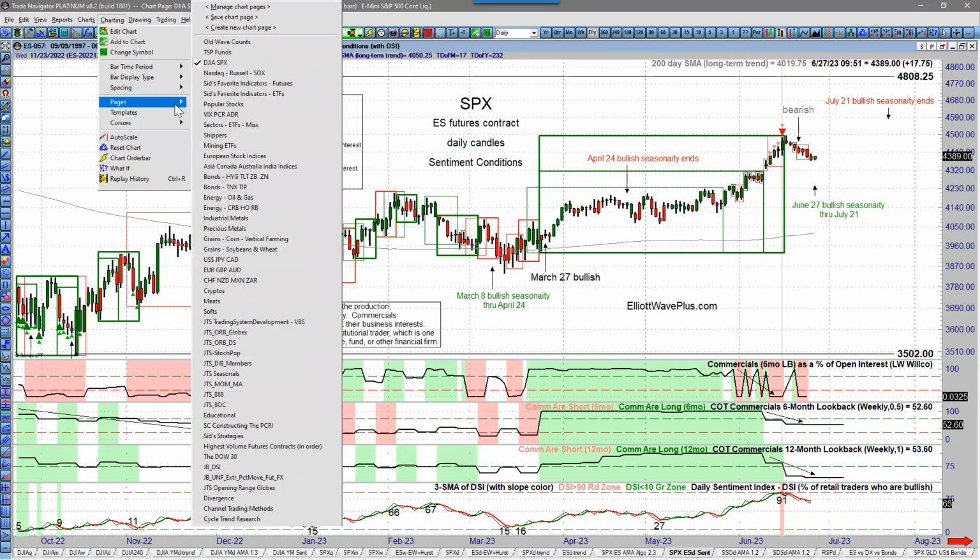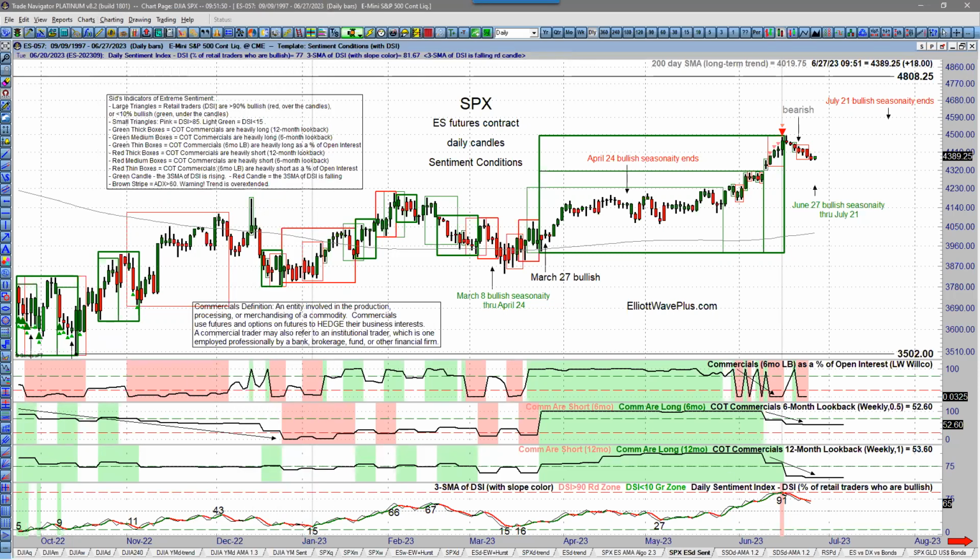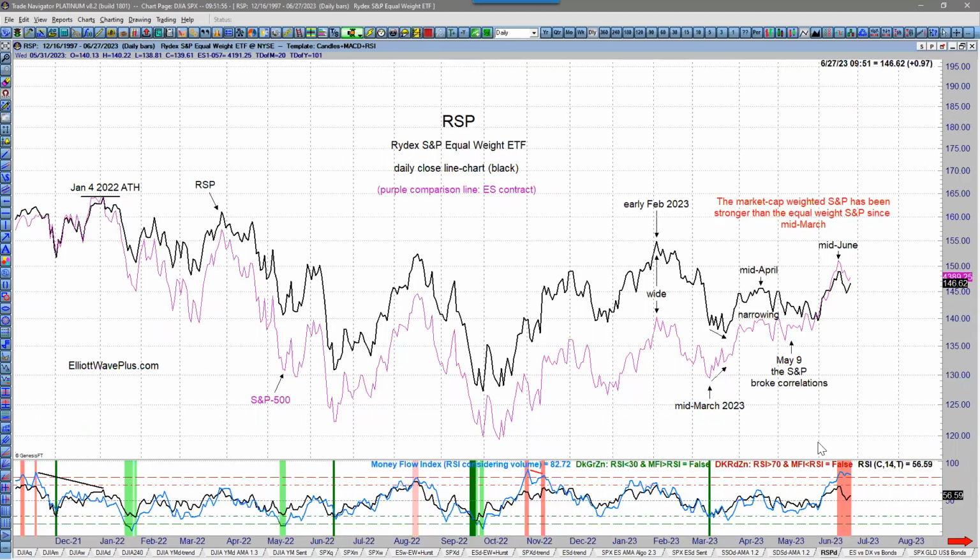Very quickly, I want to show you a couple of other charts that have been suggesting that we are very likely near an interim peak in the markets. The black line is the RSP, the equal weighted S&P, whereas the purple line is the market cap weighted ES.